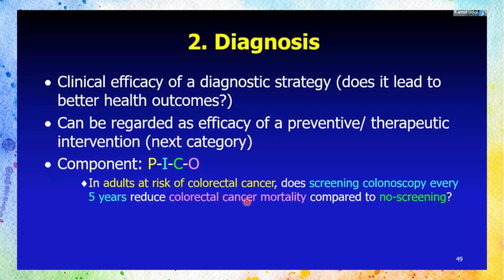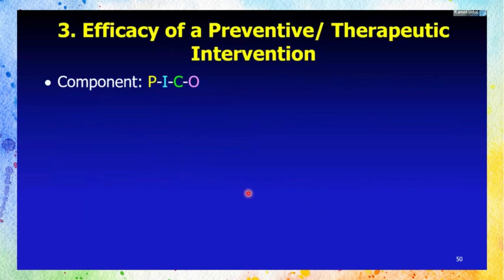So we will regard this type of question as the efficacy or effectiveness of intervention. Here, intervention is diagnostic strategy, comparing between screening versus no screening. So it fits in with this group, efficacy of a preventive and therapeutic intervention. And for this category of research question, we will have all 4 components, PICO.